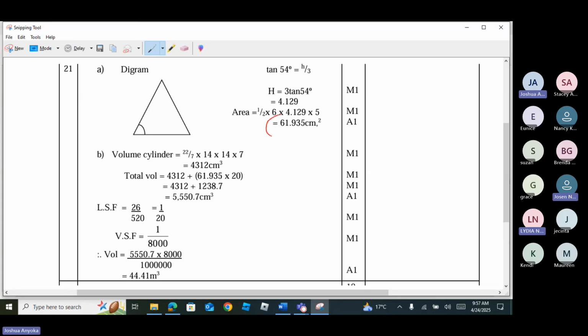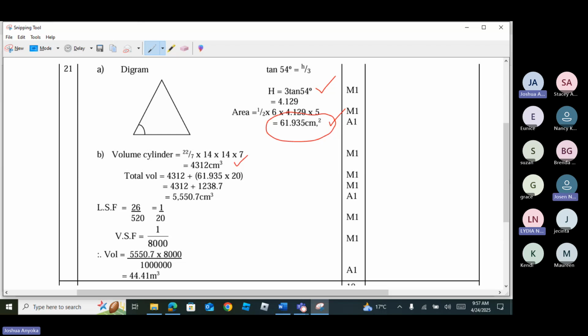Our answer was close to this one, 61.884. You used tan, we used sine, so there is a slight difference. Volume for the cylinder 4,312. That's what you had.